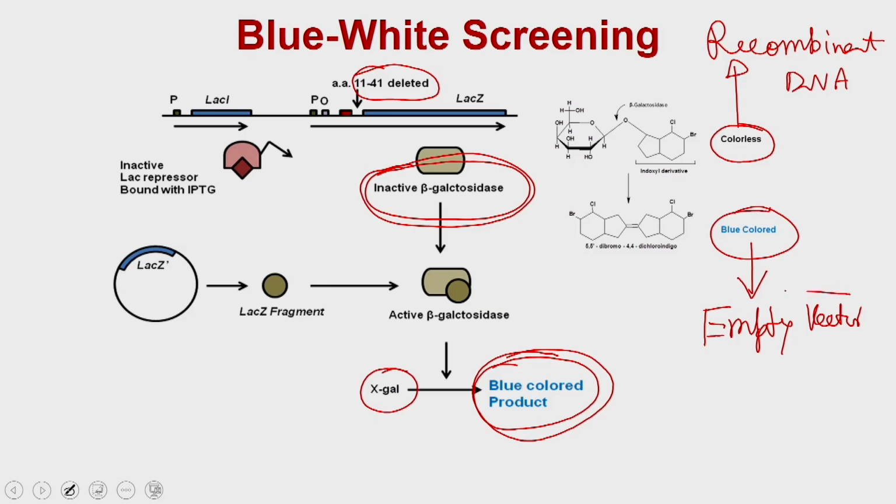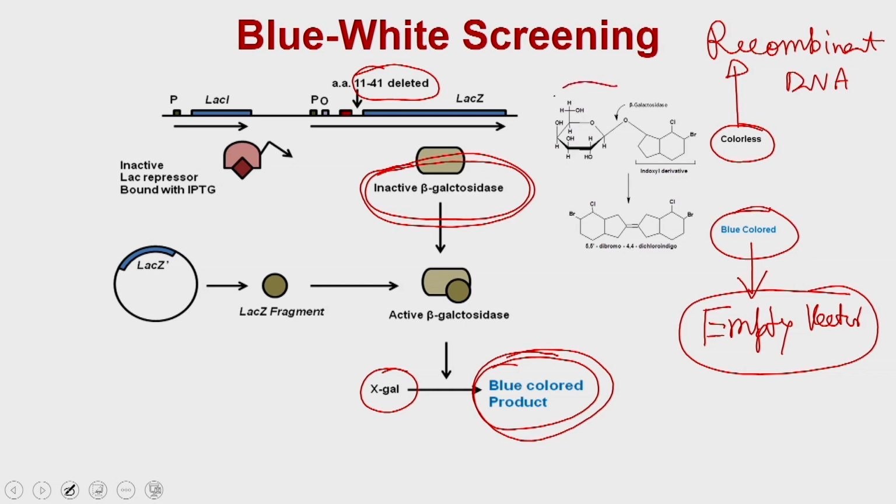If you stain the cells along with X-gal, you will see blue as well as white colonies. The white colonies contain the recombinant DNA, whereas the blue colonies contain the empty vector or non-recombinant DNA.